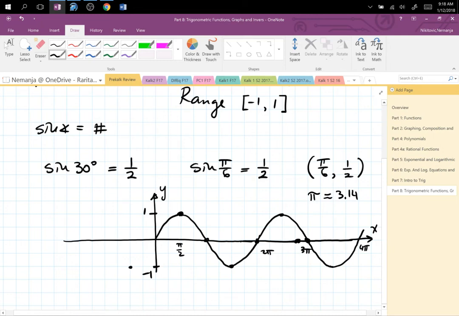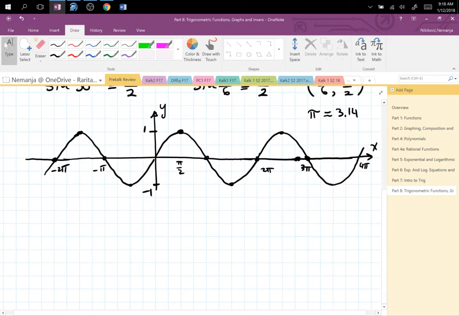And it will do the same thing on the left, having negative pi, negative 2 pi, and so on. So this is the basic sine graph, which is infinite to the left and to the right, and it goes between -1 and 1.